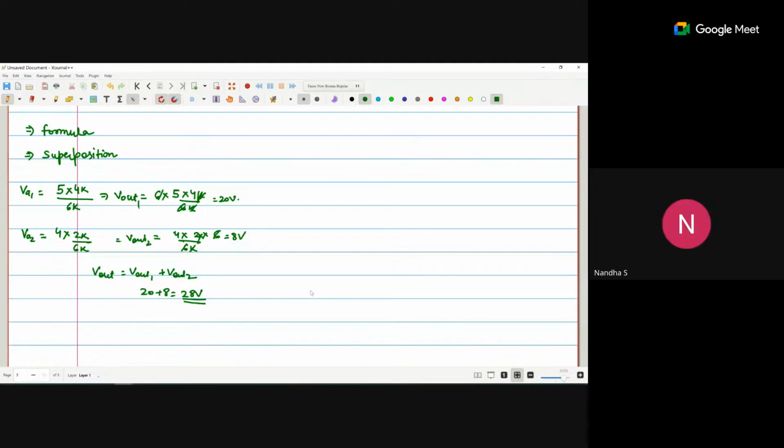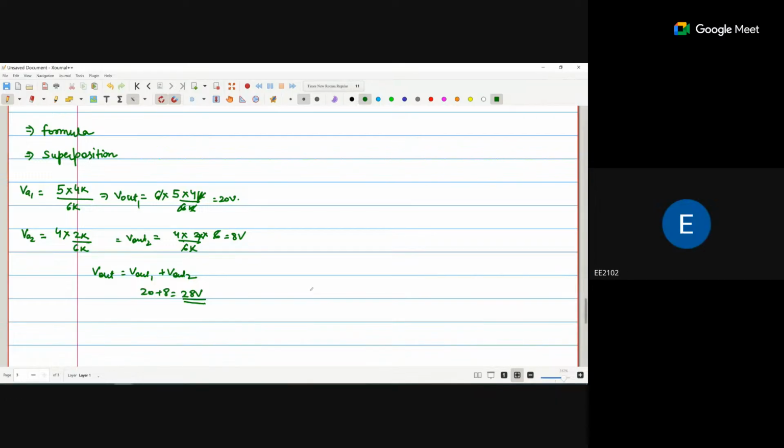VA1 should be 20 by 6, right? Denominator 6. You have written only 20 by. Are you saying V out or VA1? V out.